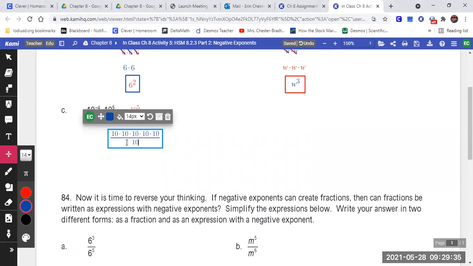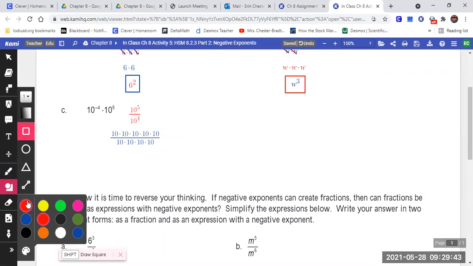Okay, so 1, 2, 3. Okay, crossing out the ones that match.